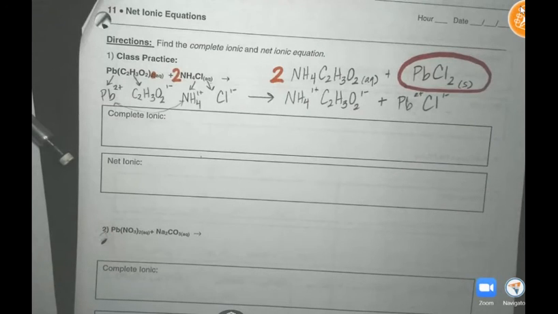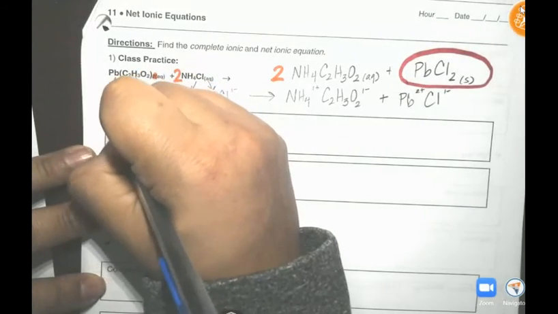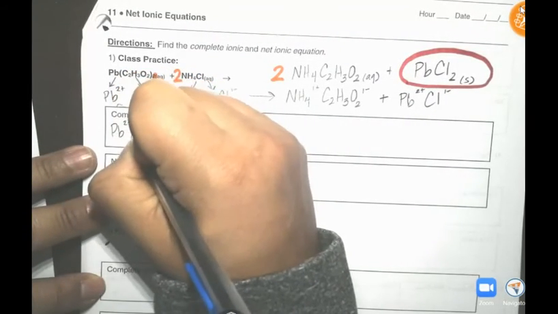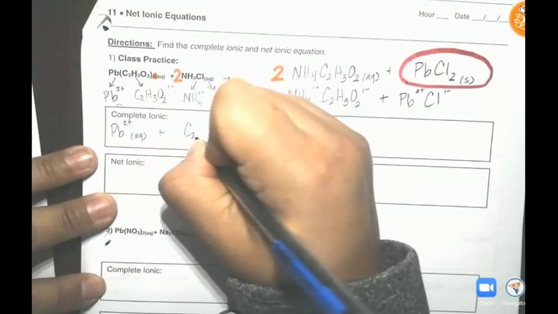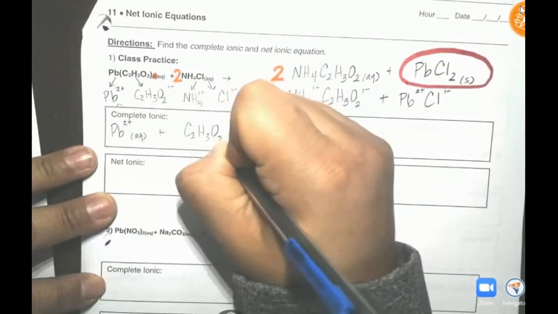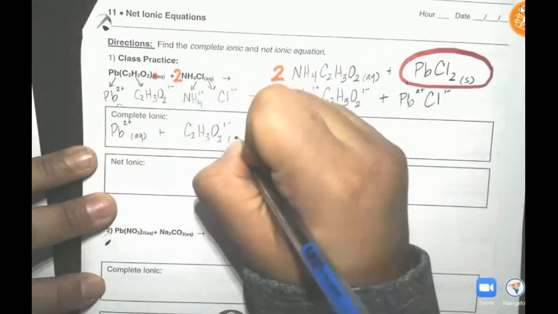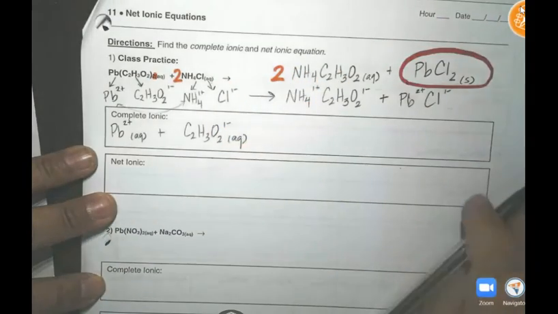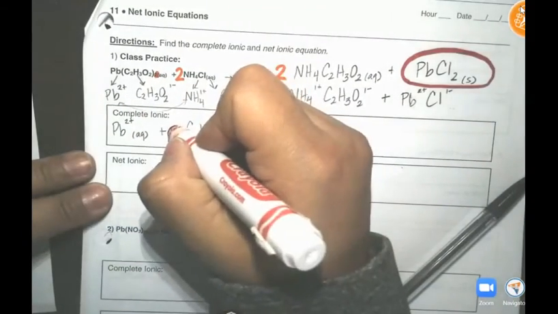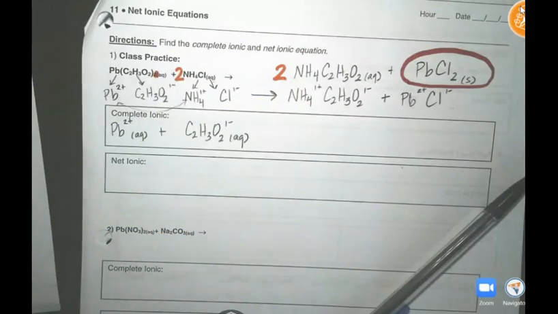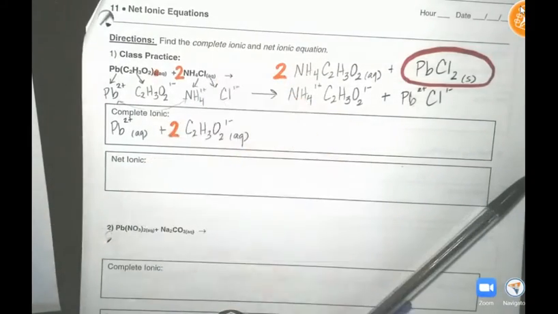Now I'm going to do my complete ionic equation. So I write Pb 2 plus aqueous plus C2H3O2 1 minus aqueous, and then I have this 2 here. So that 2 is going to go here in front of acetate.